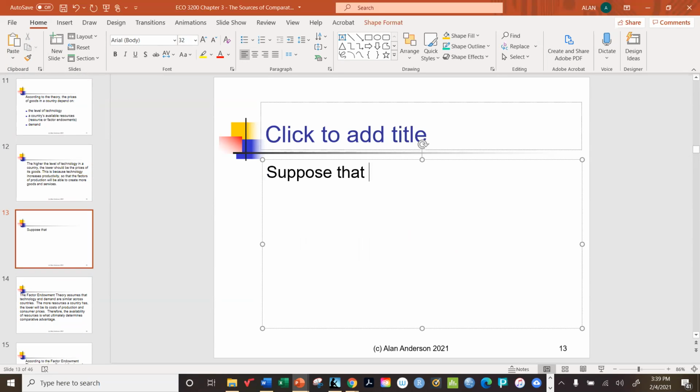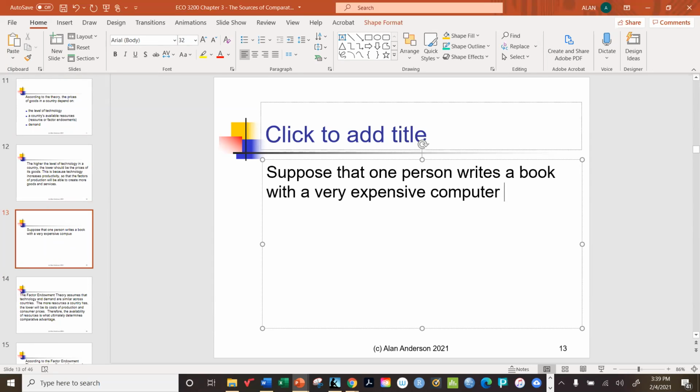Suppose that one person writes a book with a very expensive computer, let's say uses Word. Now, I've heard stories that some authors who really basically grew up without computers still to this day prefer to write their books by hand on these yellow pads that you probably see in the store.